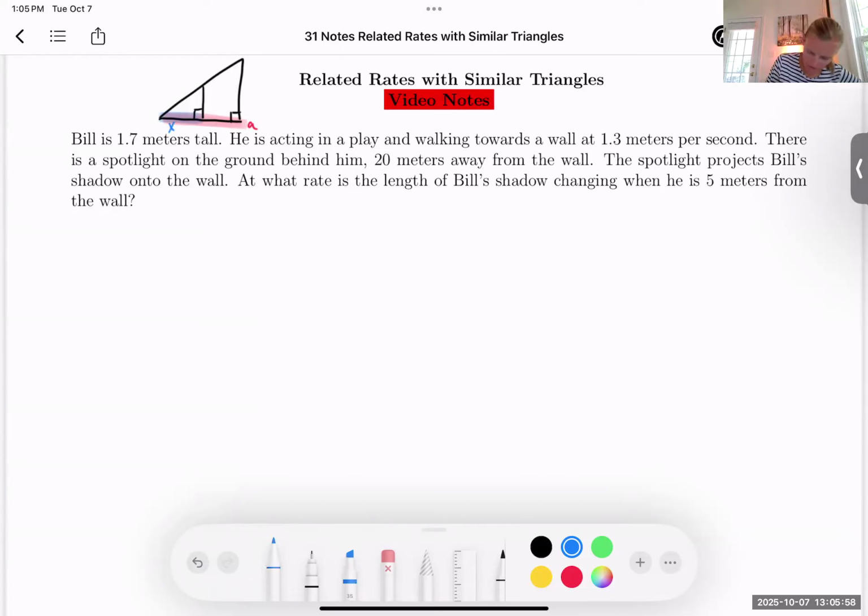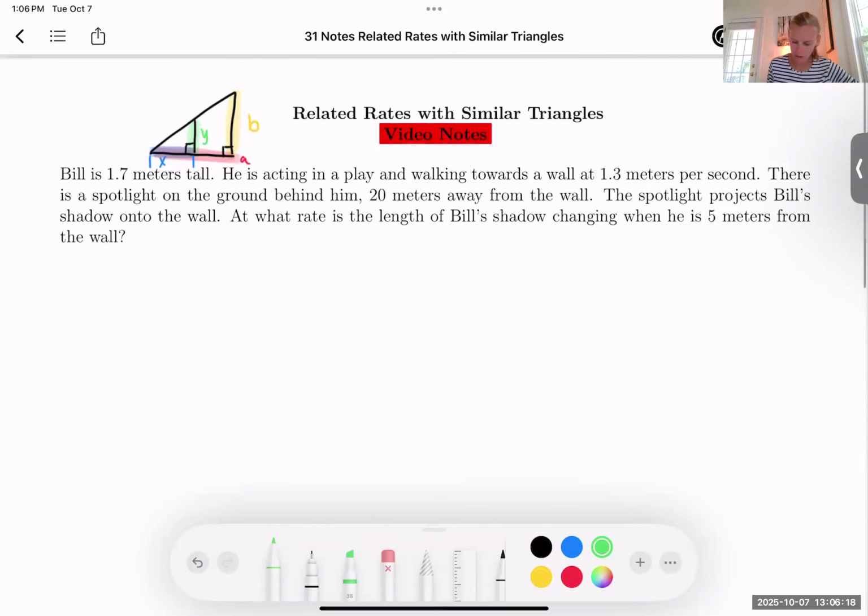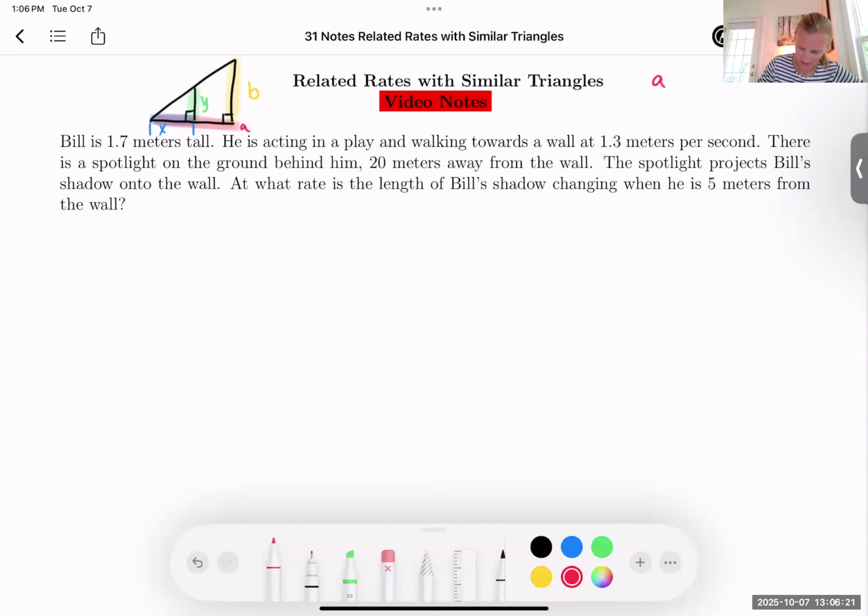And then the corresponding other side, if we take the top side here, we'll call that B on the big triangle, and the corresponding side on the small triangle, maybe that green one, Y. We can say that A over X is B over Y. The top numbers are both coming from the big triangle, and the bottom numbers are coming from the small triangle.